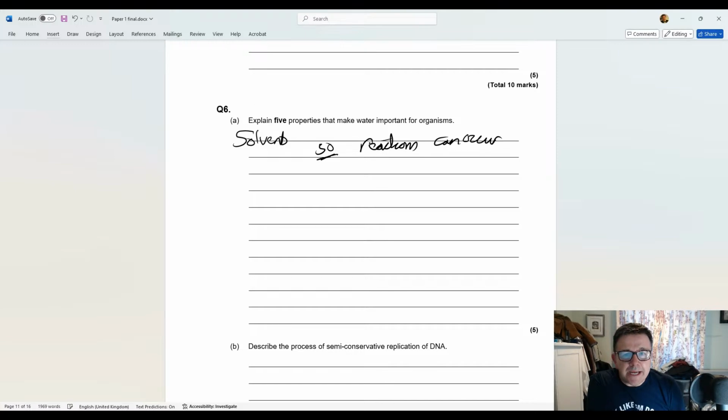You will only get 1 mark for that. You don't get 2 marks. You've got to give the property and what it does for 1 mark. 2nd mark, okay, there's more than 5 marks here you could get. It has a high specific heat capacity or high heat capacity.